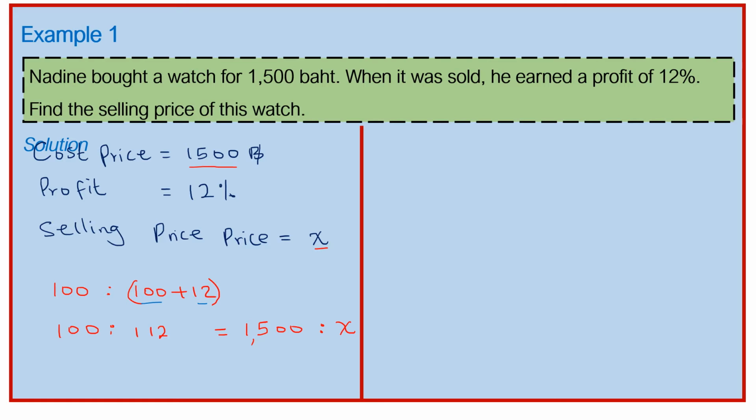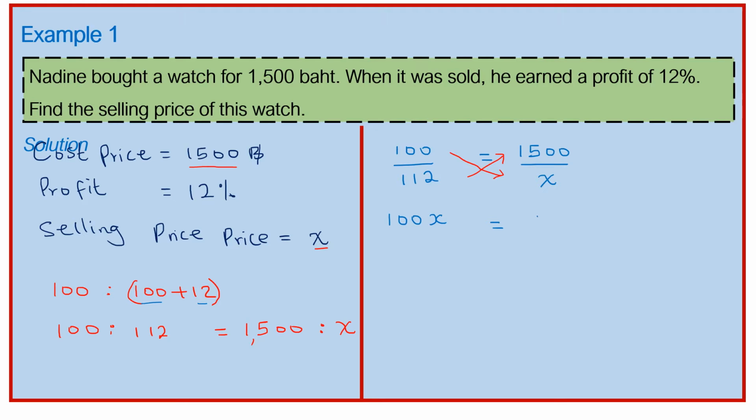So we go ahead and say that we have 100 out of 112, and this is equal to 1,500 out of X. We use the cross multiplication method, and then we get 100 times X, that is 100X.